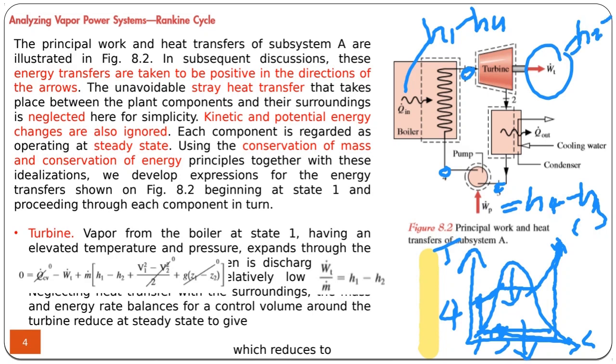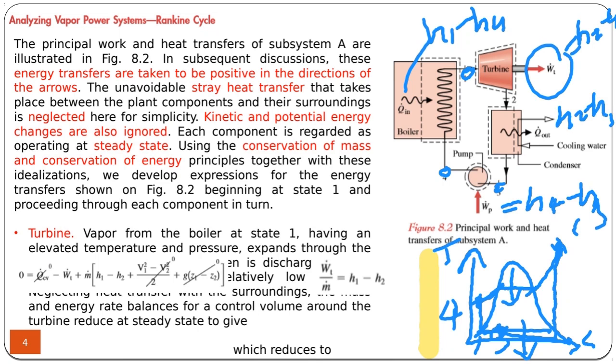And for the heat rejection, H2 minus H3. So as you can see, all the calculations, whether it's heat addition, heat rejection, pump work or turbine work, is always the change, the difference in the enthalpies.